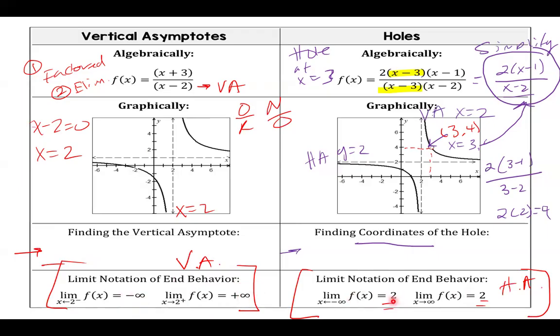For horizontal asymptotes, you are approaching infinity from the left and from the right, and your outcome is a number. You see the difference? Vertical, we're approaching the numbers from left and right, and our outcome is positive or negative infinity. Horizontal, we're approaching infinity from the left or from the right, and our outcome is numerical.